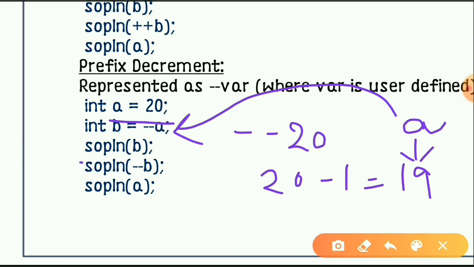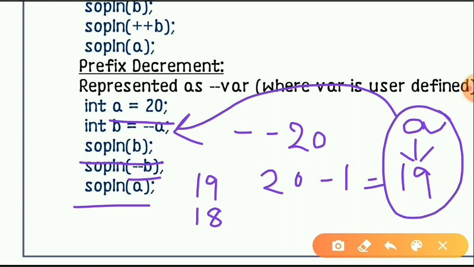So now for the first line SOPLN b, you will be getting the answer that is your 19. For the second line SOPLN --b, again you have to perform a decrement operation, so your answer will be 18. And for the last line SOPLN a, again see over here you will be having the value of a 19, so again the 19 will be printed over there. So for this line of code your answer is this one. Please check your answer with mine.